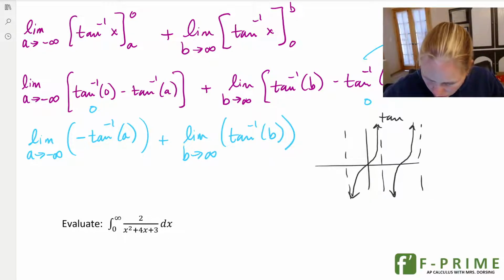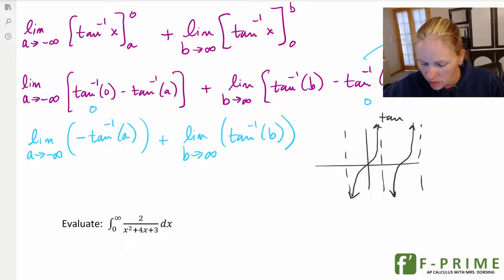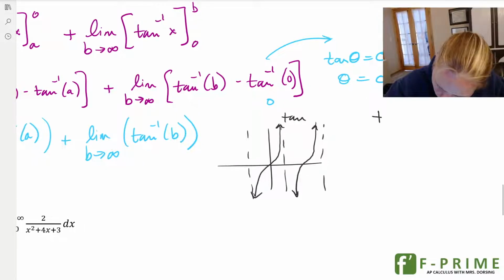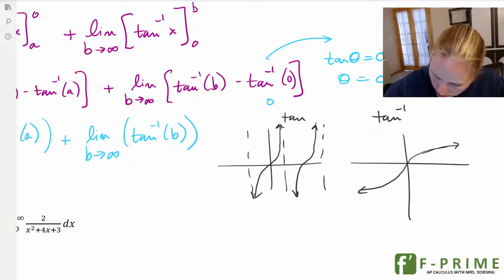Well, tan inverse takes that. Remember, we're reflecting it about the line y equals x. So tan inverse essentially ends up looking like this. Here this is negative pi over 2, this is positive pi over 2.